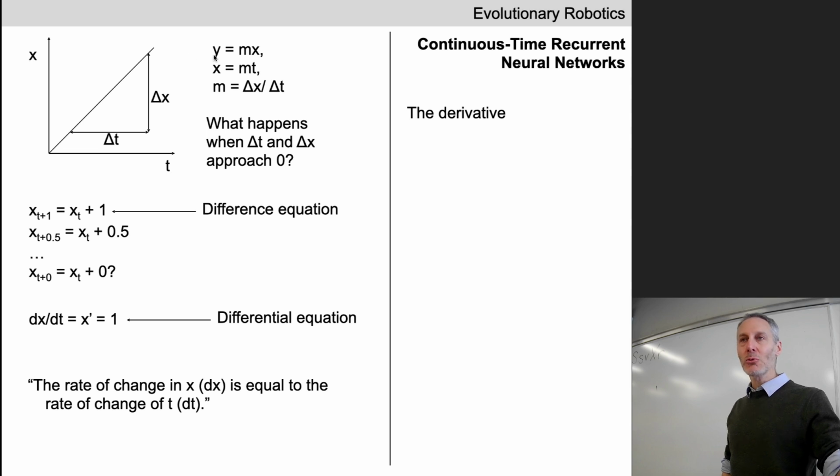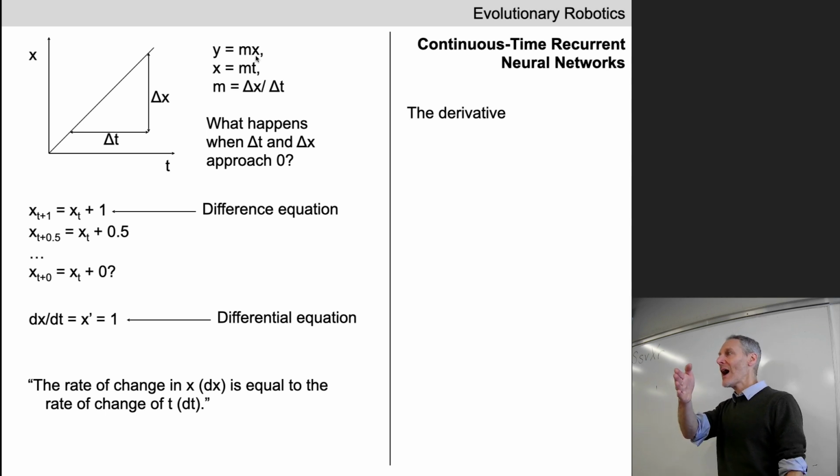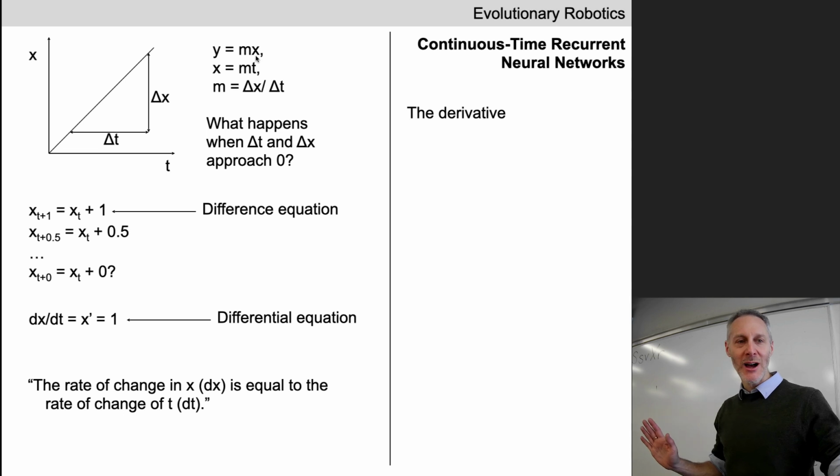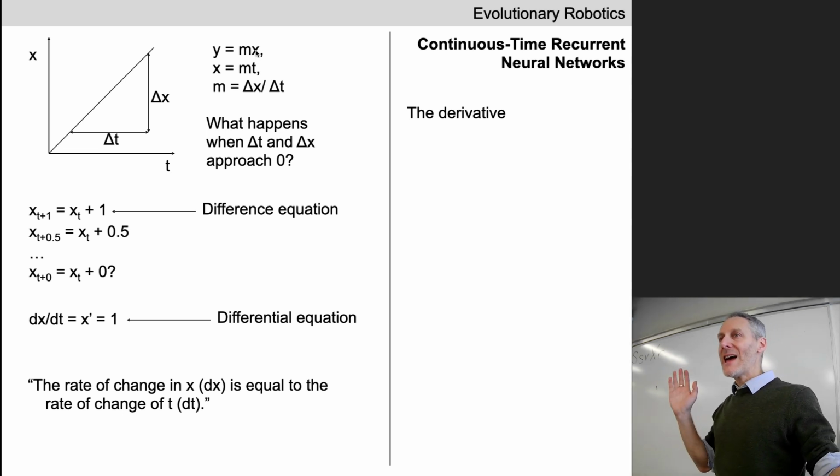Okay, let's start with y equals mx plus b. Hopefully you remember this from high school. m is the slope. It describes the relationship between how y changes as a function of x. All good? Okay, no frightened expressions. That's fine. All right, we're not going to look at x and y.